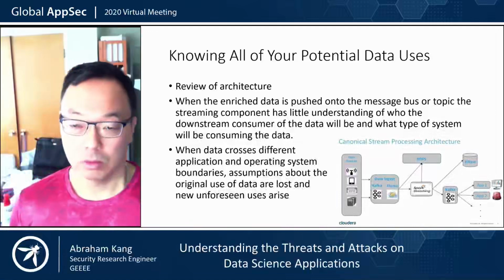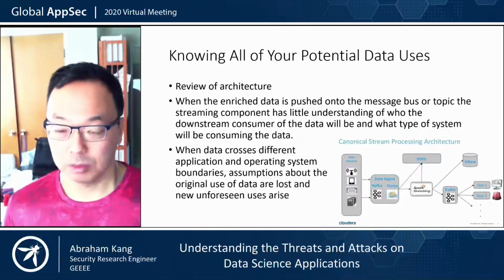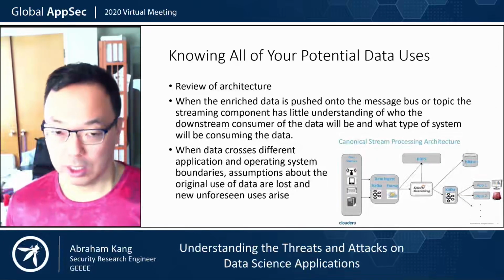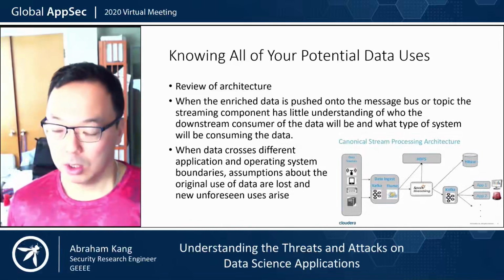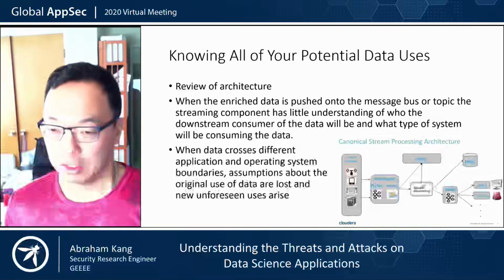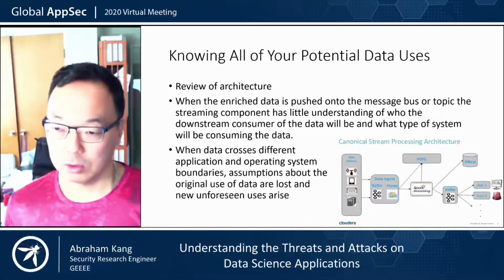When you look at the complexity of the data and how it's being used and where it's being used, it's easy to quickly lose track of where this data is used and how it's used.